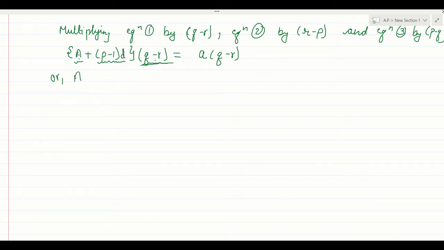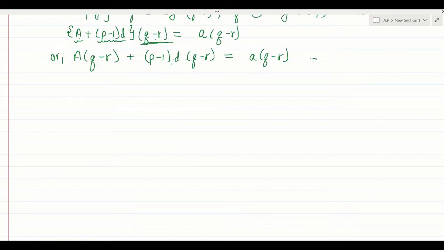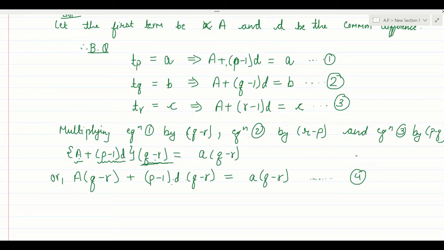It is A multiplied by Q minus R, and then this P minus 1 D will multiply Q minus R. In the right hand side, we are copying as it is A Q minus R, which is equation 4. Now let's multiply equation 2 by what? By R minus P.